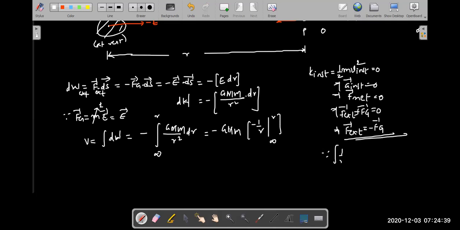Since the integral of 1 upon r square dr is equal to the integral of r power minus 2 dr, this will be r power minus 2 plus 1 by minus 2 plus 1, with limits from a to b. That means minus 1 upon r from a to b.